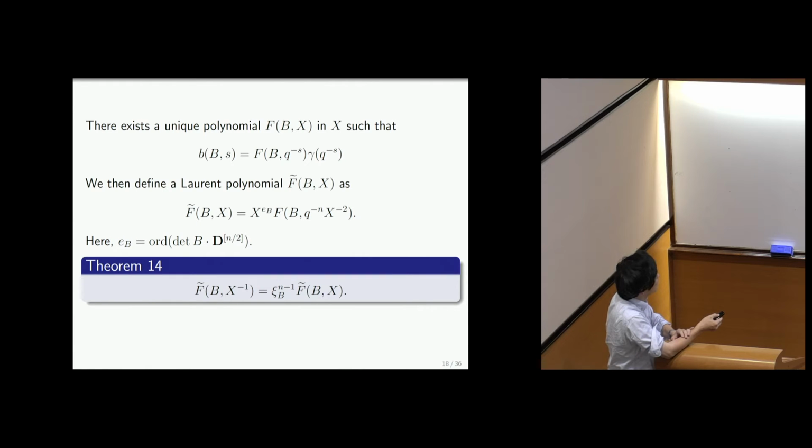And the functional equation says that F tilde(B, x^{-1}) is equal to xi(B)^{n-1} times F tilde(B,x).